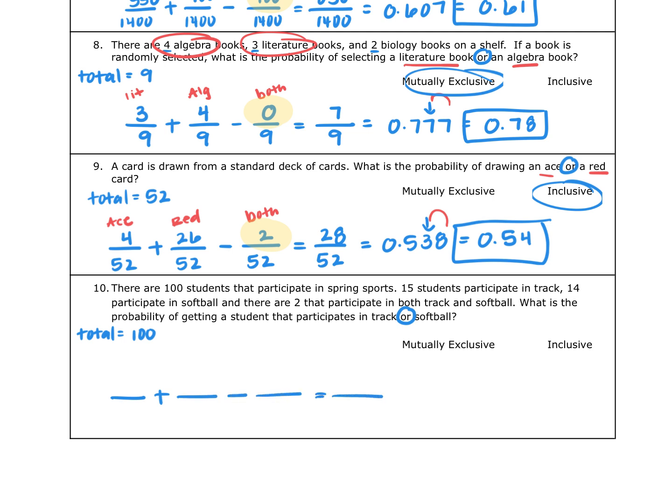Okay, so I'm looking at on either side of my or. First thing says track. And the next thing says softball. And then can you be in track and softball? Okay, total is 100. So I'm going to go through and I'm going to write 100 on all of those.